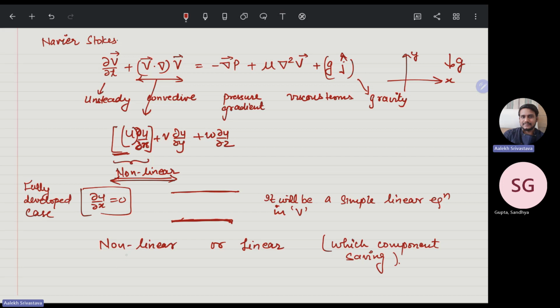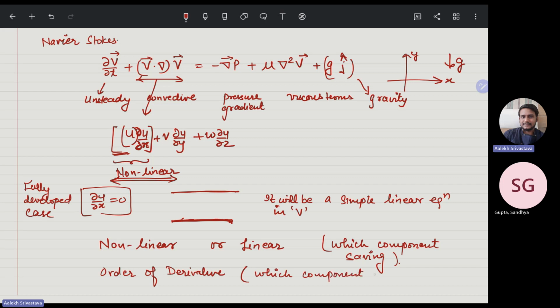Second thing is, what is the order of derivative? Is it first order or second order, and which component gives this? These are some basic things you need to understand.